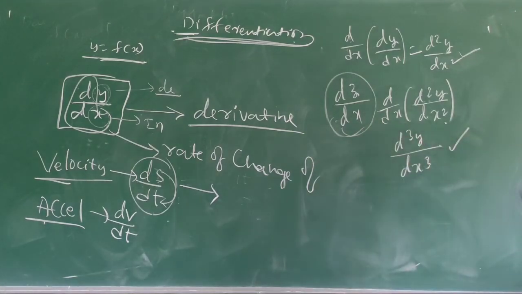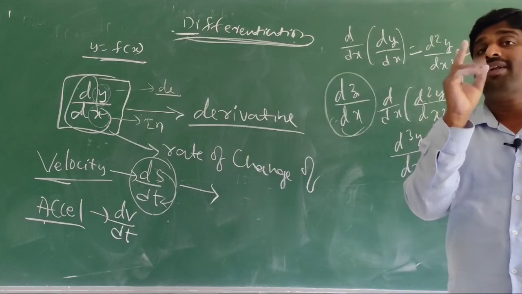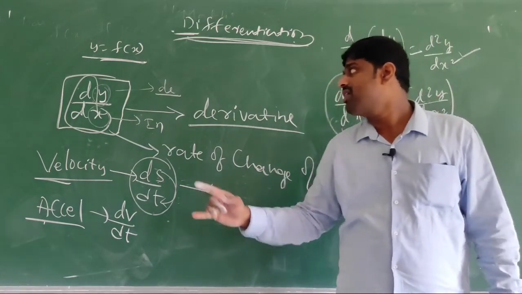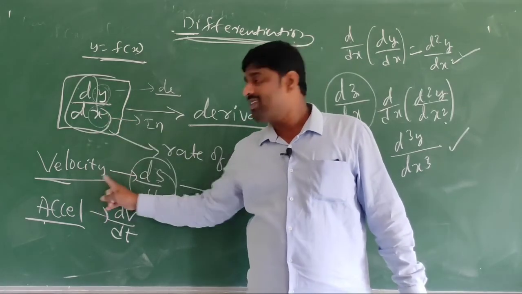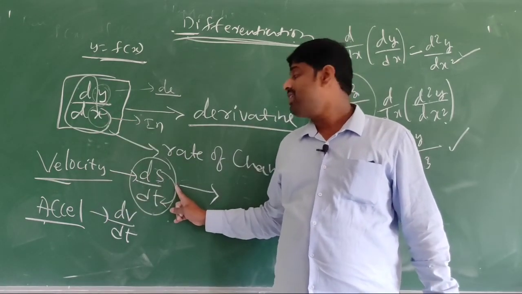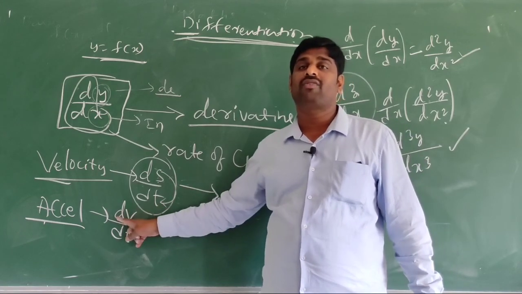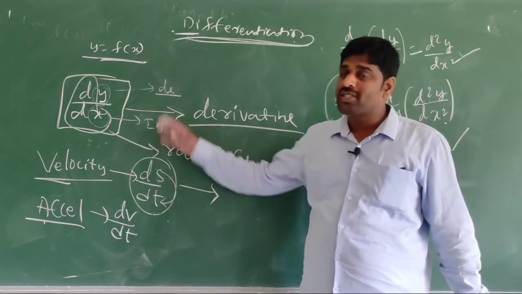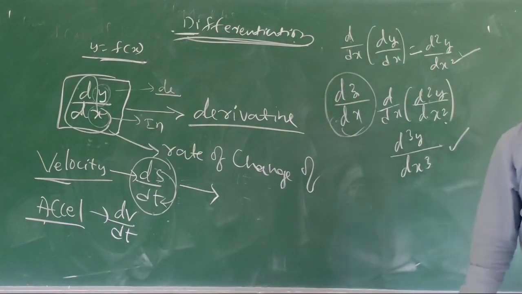This differentiation has a technical definition and a basic definition. The basic definition is the rate of change of y with respect to x. So velocity is also differentiation: the rate of change of displacement with respect to time, the rate of change of velocity with respect to time. The process of finding the derivatives is called differentiation.